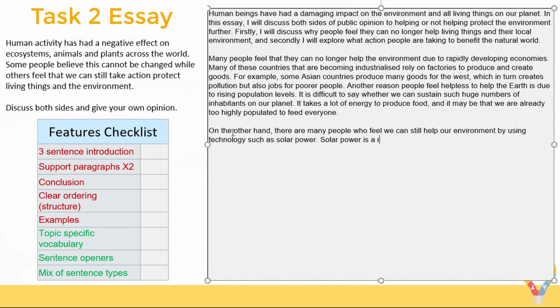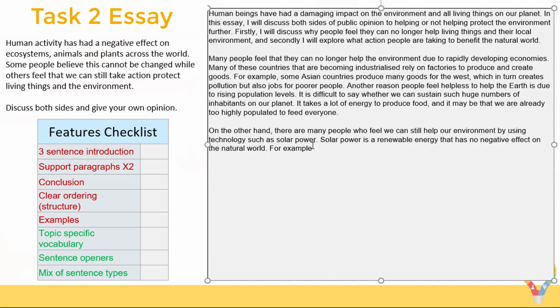Solar power is a renewable energy that, and of course check your spelling, one moment, renewable energy that has no negative effect on the natural world. Okay, that's my support sentence. Now maybe we could give an example.